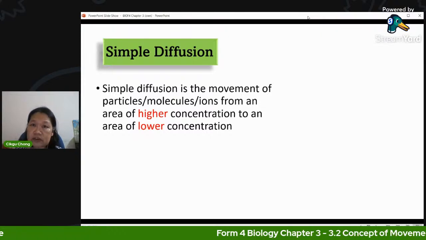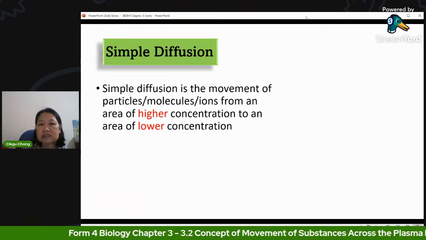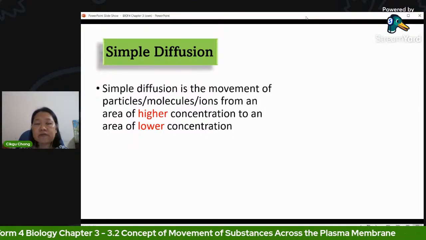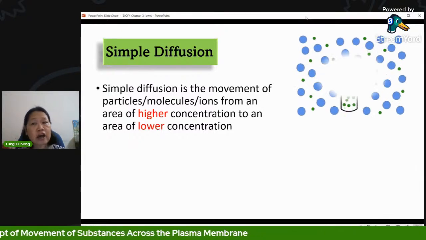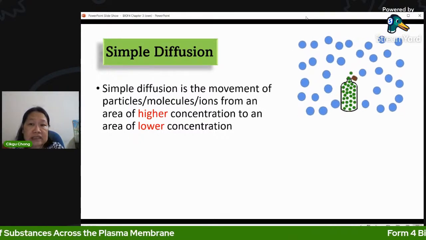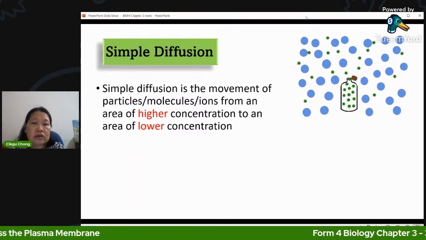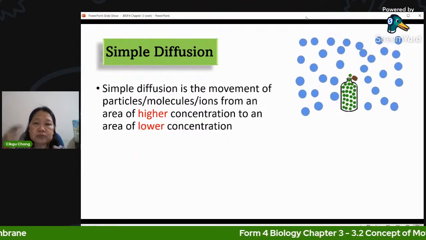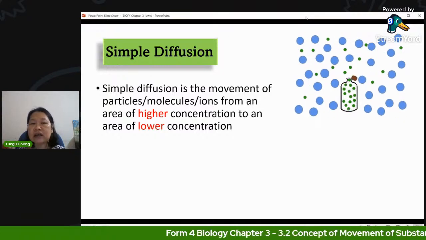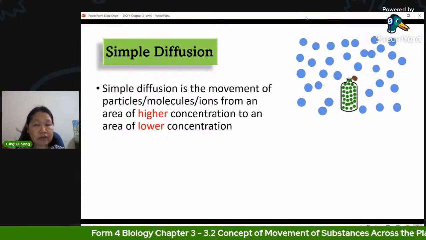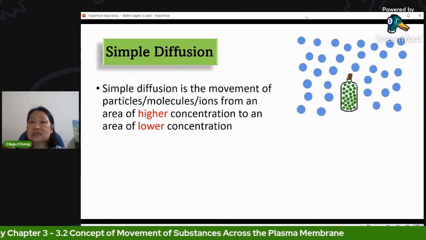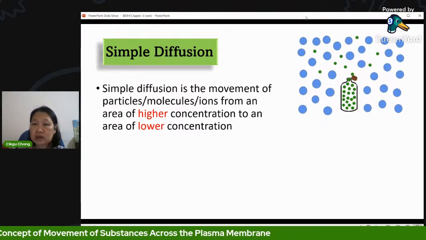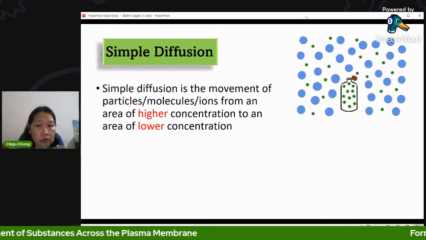And for this simple diffusion, you don't need to have a membrane. You don't need to have a semi-permeable membrane, or in fact any membrane. It's just a simple example. If I'm wearing perfume, let's say, I walk into the class one day, or I spray myself with a lot of perfume, and you find that when I'm standing in front of the classroom, the students in the front row will smell the perfume first, because my perfume came from me, which I have a lot of the molecules of perfume.